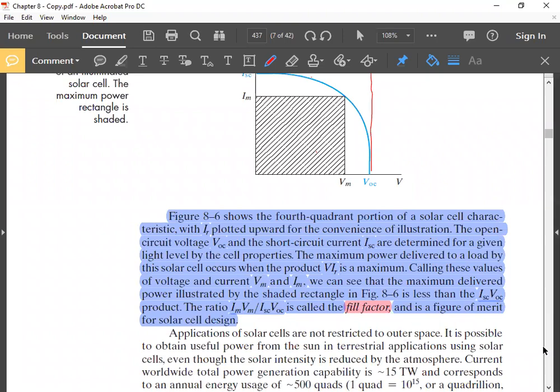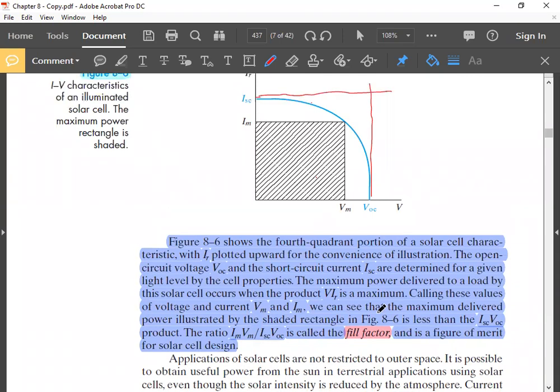And this is a figure of merit. That means higher the value of fill factor, higher is the maximum power obtainable from the solar cell, so better is the solar cell. As I told you, figure of merit denotes how good or how bad a device is in terms of performance.